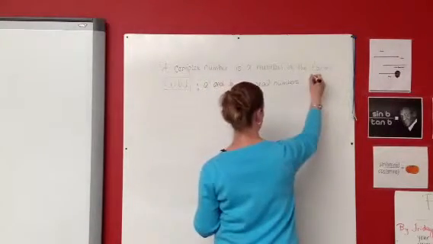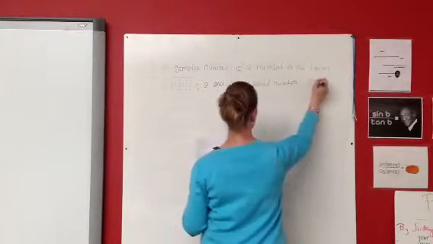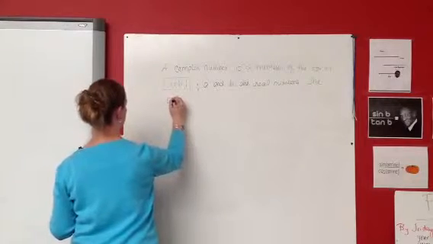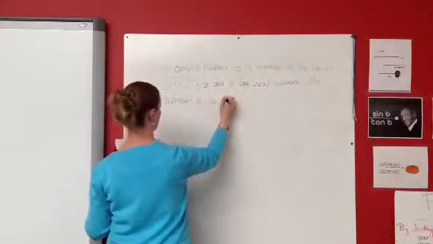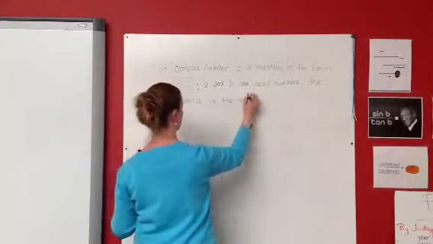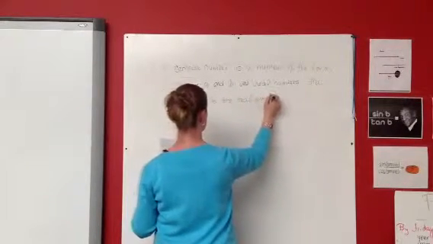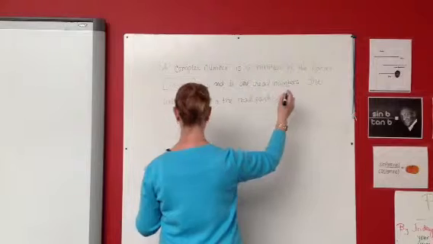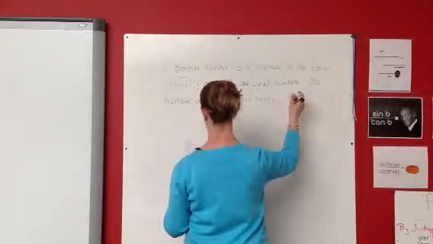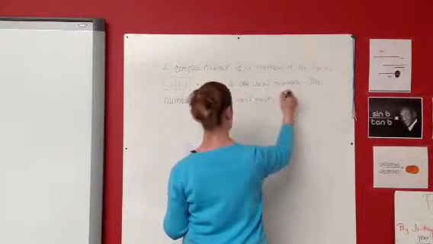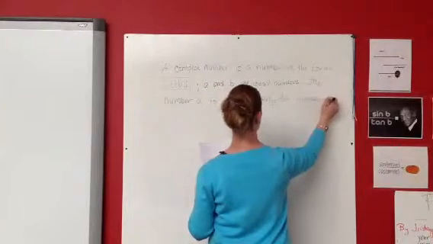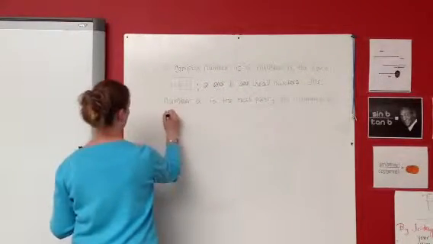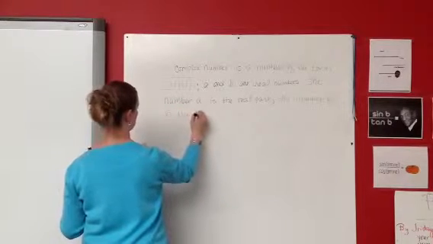The number a is the real part of the complex number, and the number b is the imaginary part of the number.